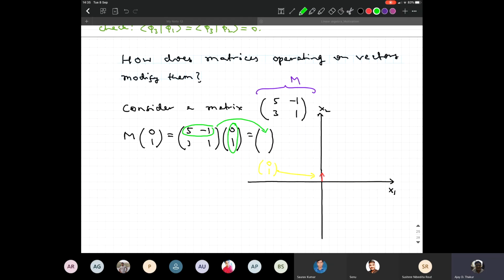And then multiplying the second row with this column leads to the second member, right? So in this case, this is 5 into 0 minus 1 into 1. This is minus 1. And the other thing is 3 into 0 plus 1. So minus 1, 1. Ashna, is that the thing which you are saying?